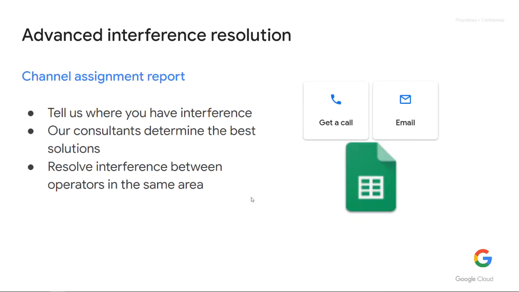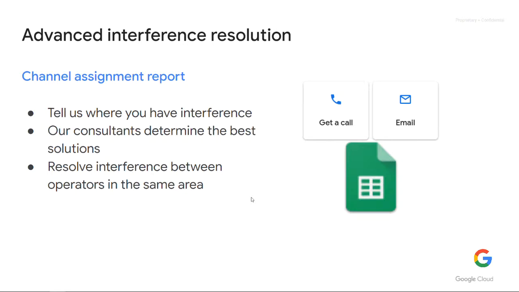If you have a particular area that is subject to interference, our consultants can help you. You have to contact first the Google SAS Support team, sas-support@google.com, or you can call them. You can actually make the call right within the SAS Portal and connect 24/7 with one of our support agents and get the ball rolling for this advanced interference resolution.